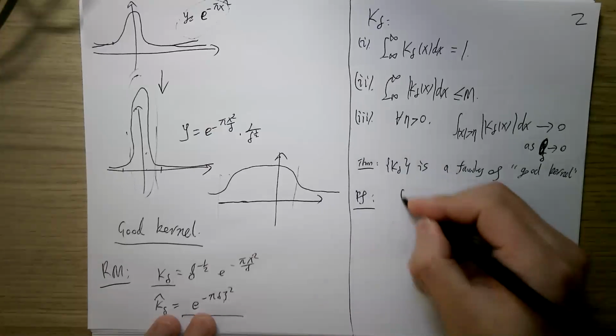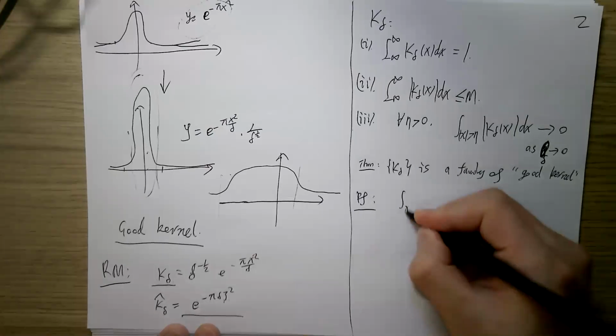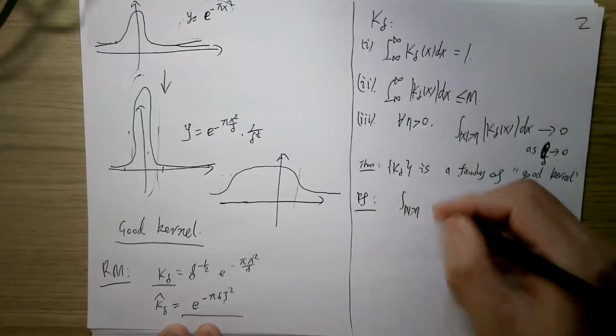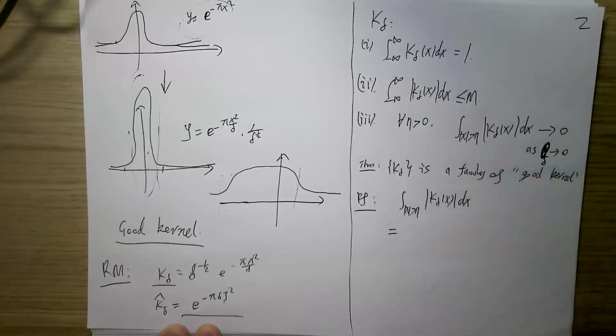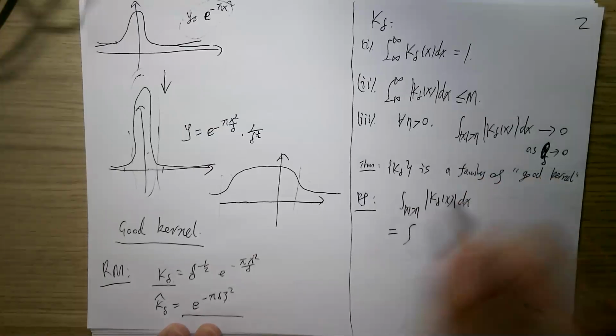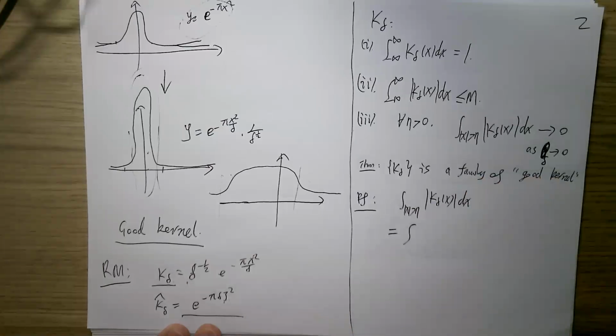For the third one, the integral over |x| greater than eta of K delta(x) dx equals, you do a change of variable, then if you call this new variable y, then y equals x over square root of delta, right?